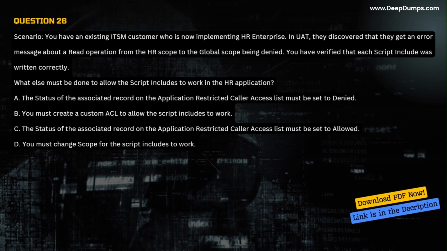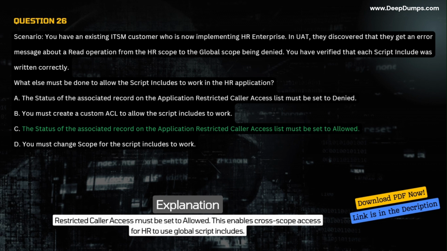B. You must create a custom ACL to allow the script includes to work. C. The status of the associated record on the application restricted caller access list must be set to allowed. D. You must change scope for the script includes to work. Correct answer C. The status of the associated record on the application restricted caller access list must be set to allowed. Explanation. Restricted caller access must be set to allowed. This enables cross-scope access for HR to use global script includes.